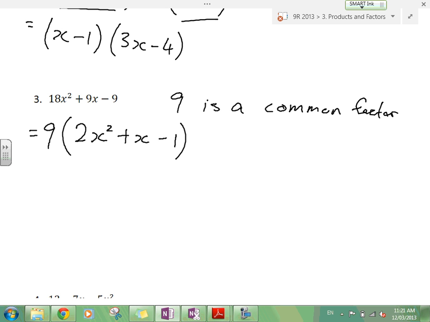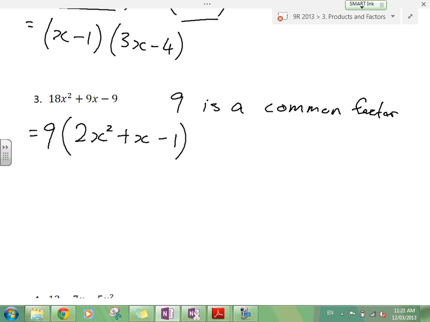So we're looking for 2 numbers that do what? What do the 2 numbers need to do? They have to add up to the coefficient of x, which is 1. So we're ignoring this 9. We're just looking at what's inside the bracket. They have to add up to 1, because the coefficient of x by itself is 1.